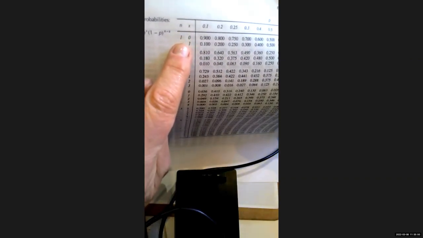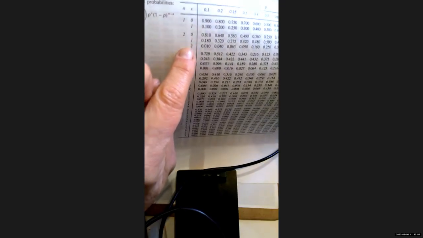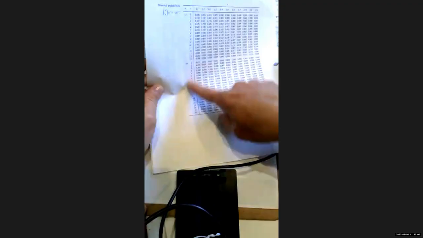So our little n is at the top. We're going to see that our table goes from only taking 1 sample, that's really boring, 2, 3, 4, etc., 8, 9, 10, 11, 12, 13, 14, and then it skips to 15 and to 20.